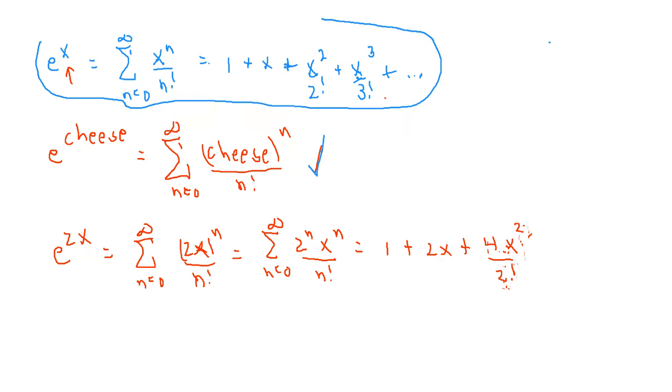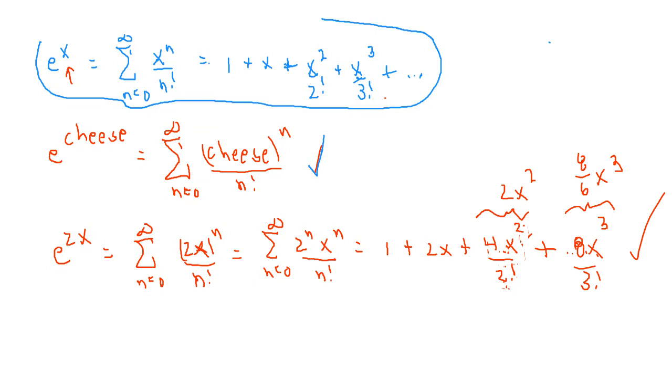And so forth. This can be simplified to 2x squared. Well, I guess I can go out one more: 8x cubed over 3 factorial. That's just 8 over 6, x cubed. And so now I have my Maclaurin series for e to the 2x.